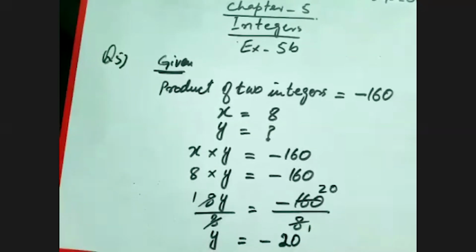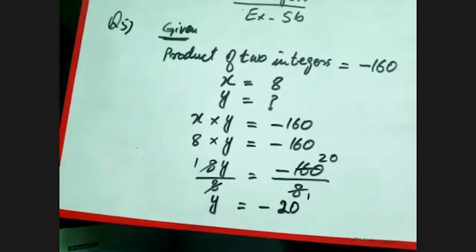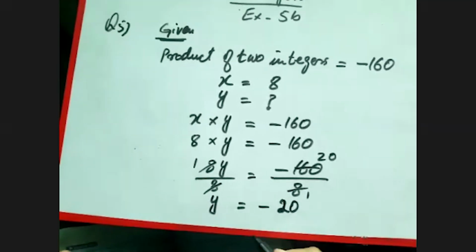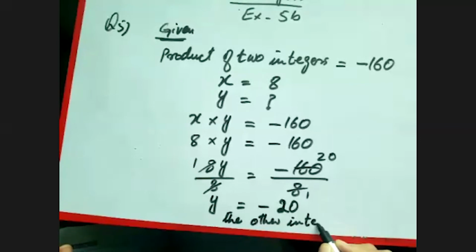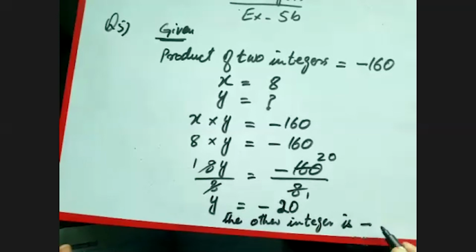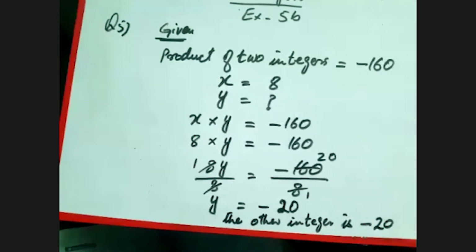Your answer is the other integer is minus 20, because plus minus is minus. When you divide or multiply, you will put the sign which you get after multiplication or division of both the quantities.